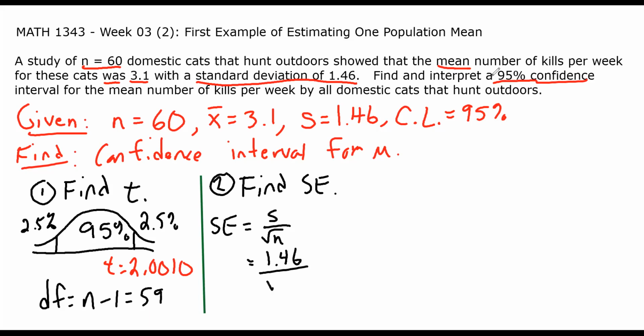Our sample size was 60, so square root of 60 in the denominator. And most of the time this will come out to be a nasty decimal. So we're going to stick with the same protocol as before, which is to round to 4 decimal places. I highly recommend getting out your calculator right now and seeing if you get the same value that I do.